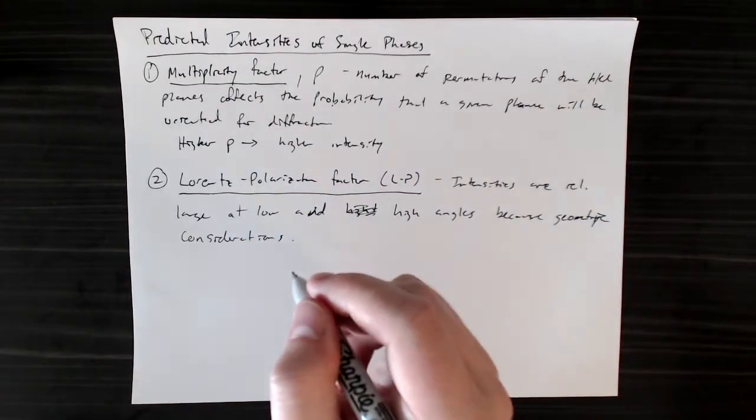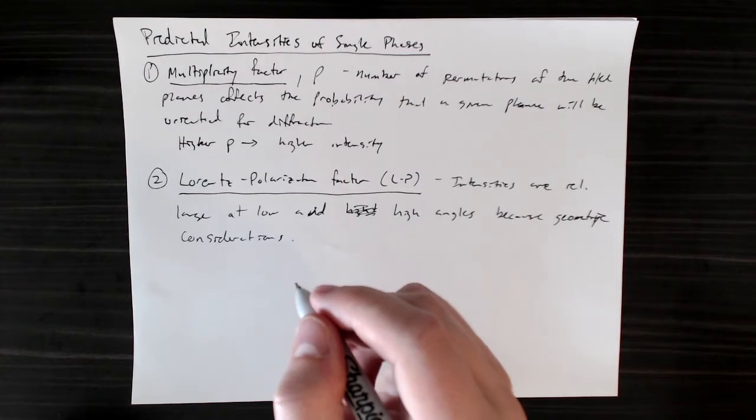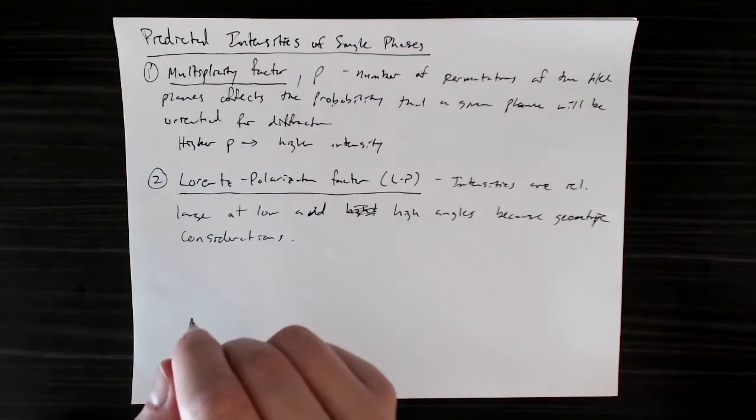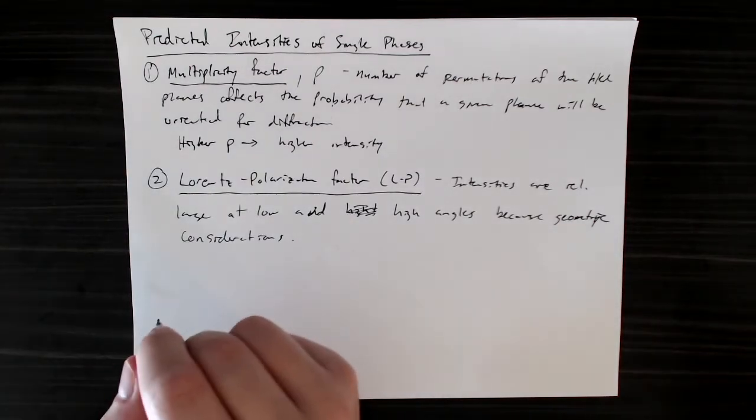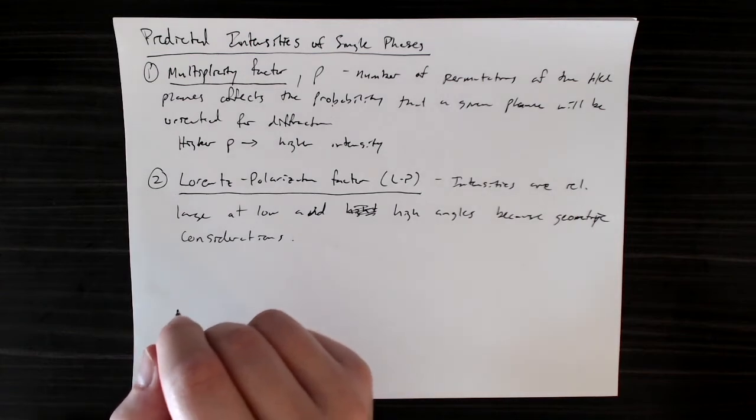Basically, this accounts for the geometry of the experiment and how that can affect the intensity.